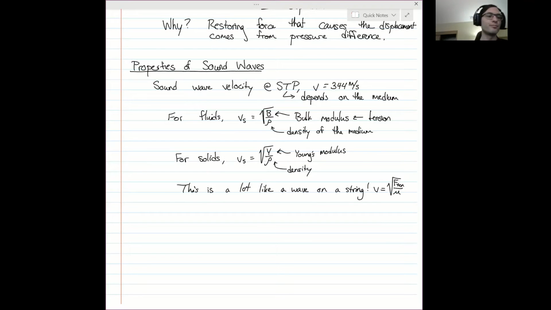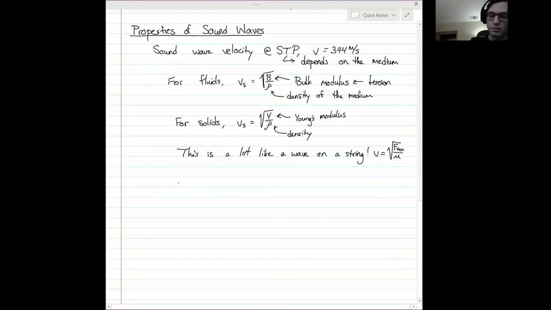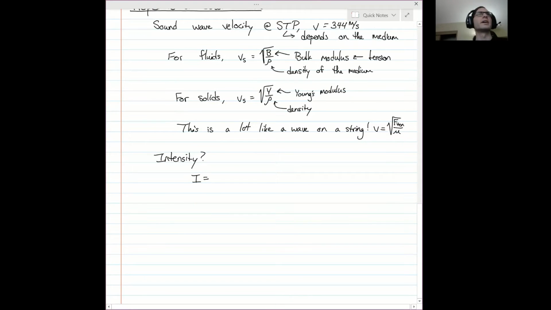Now, we can also talk about intensity. So, for a sound wave, and I want to make sure I get this right because my notes don't seem quite right, yeah, okay, that's right.